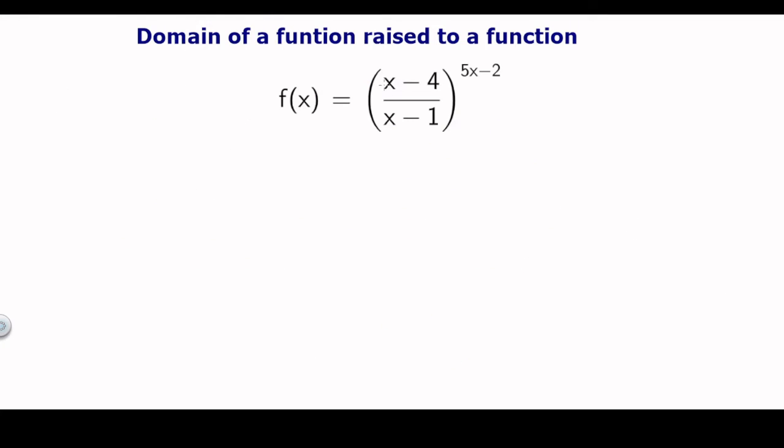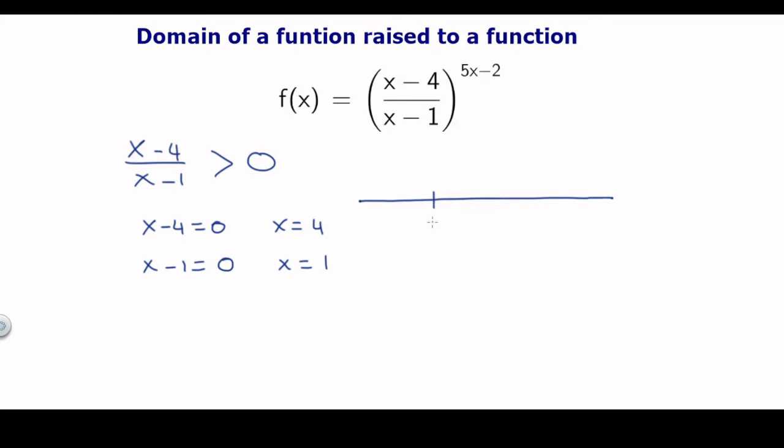In this case, the base function is a little bit more complicated, but it still has to be greater than 0. Maybe we need to review how to solve rational inequalities. First, we will set both numerator and denominator equal to 0 to find the points of interest.